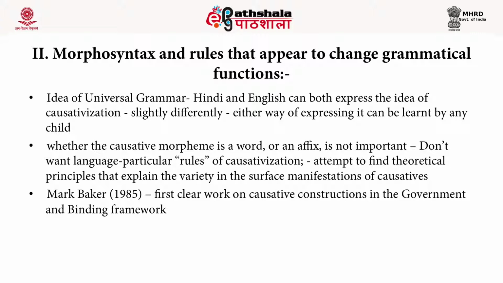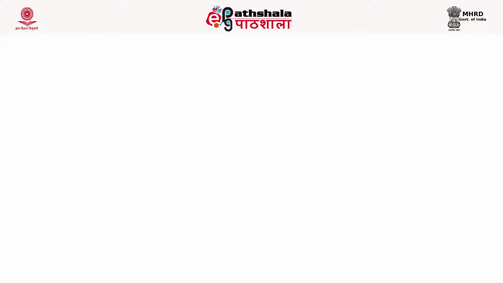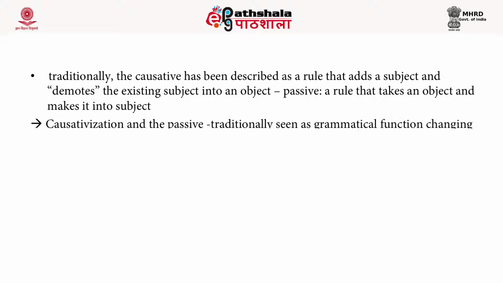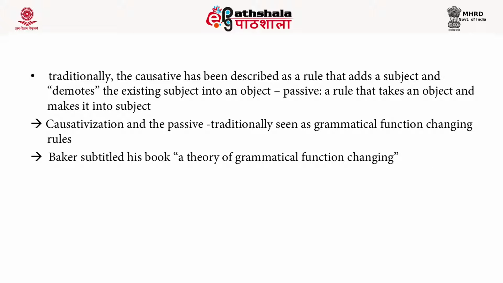Mark Baker, 1985, he was the one who gave the first clear work on causativization, and this work is based in the government and binding framework of generative grammar. Traditionally, causative has been described as a rule that adds a subject and demotes the existing subject into an object.